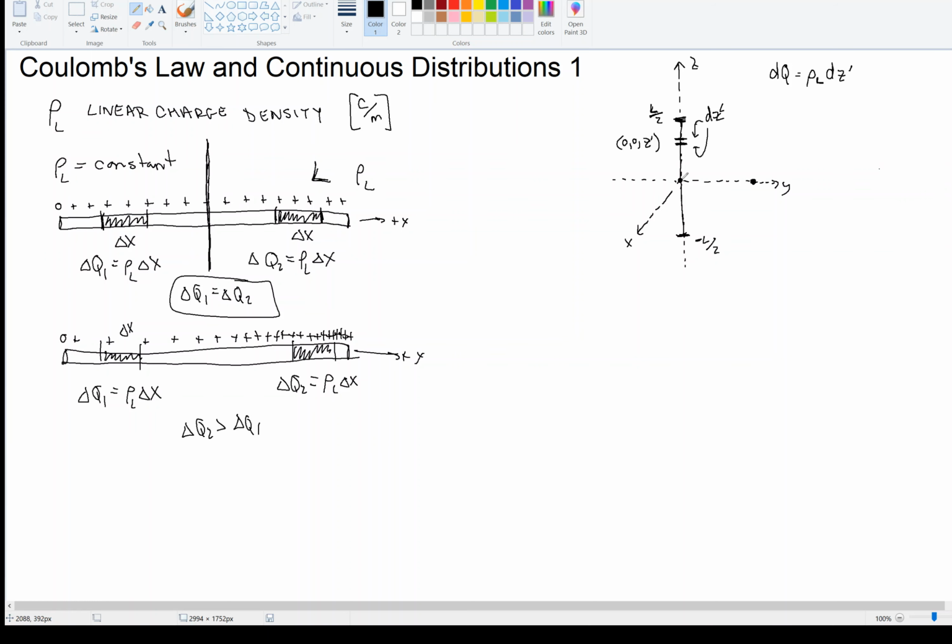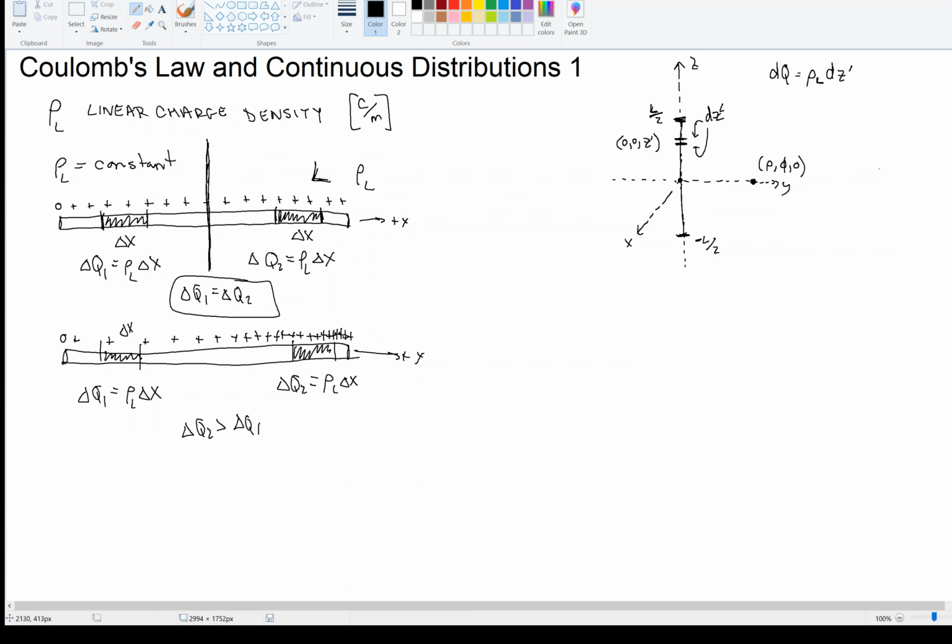Anything that passes through the midpoint perpendicular to the rod, so it could come out here. It's on the xy plane though. So we'll consider this point here, and we'll be general, and say that in cylindrical coordinates, that point is rho distance away from the z-axis at an angle phi, but it has a height 0. It has to have a height 0 because that corresponds to passing through the midpoint of the rod.